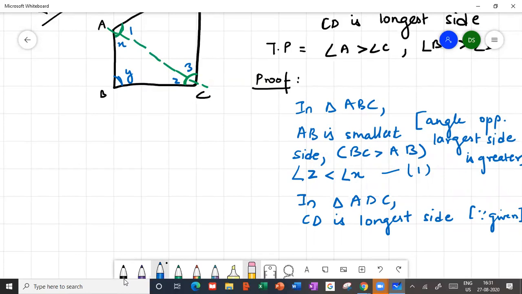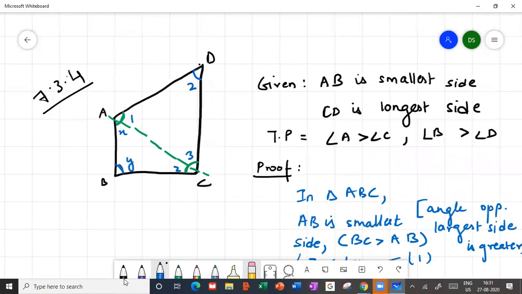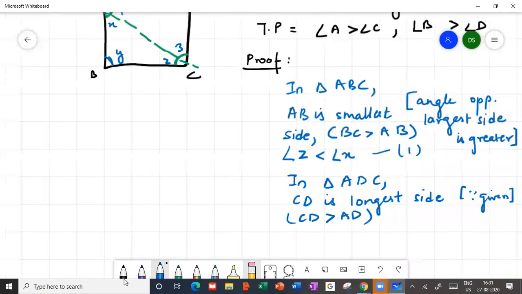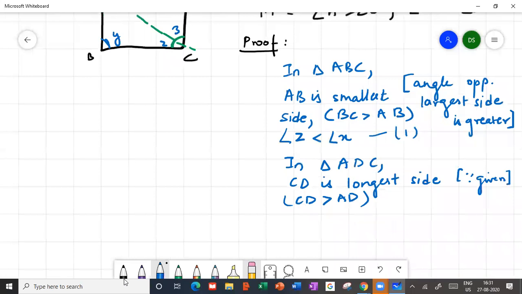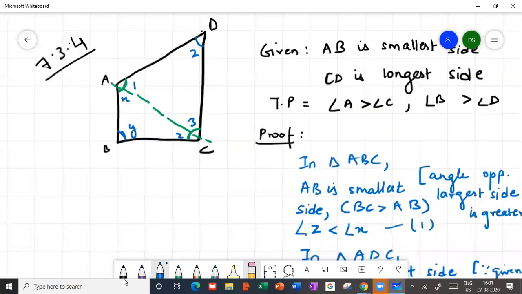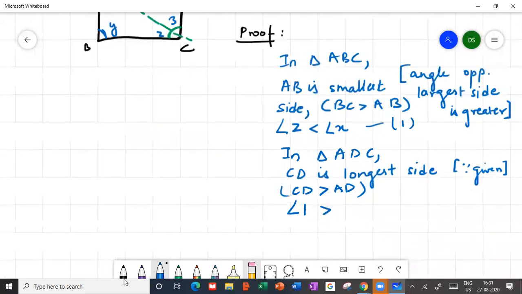Now we'll take B and D. Like in ADC, CD will be longer than AD. Which means the angle opposite CD, angle 1, is greater than the angle opposite AD, angle 3. Correct?